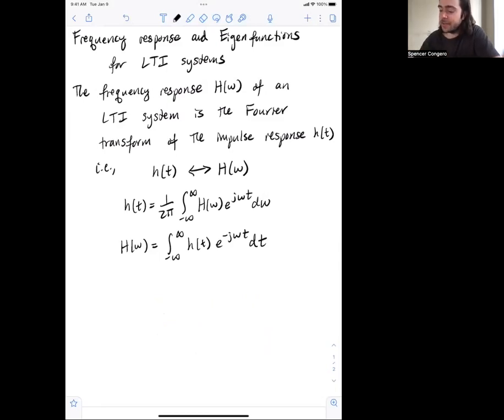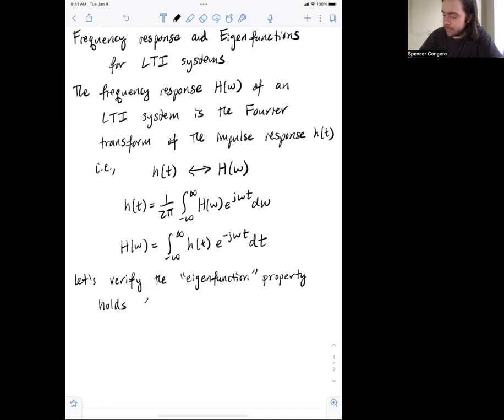And so now that we have this definition for the frequency response, let's verify that the eigenfunction property we've been using everywhere to get outputs to LTI systems actually holds for LTI systems.